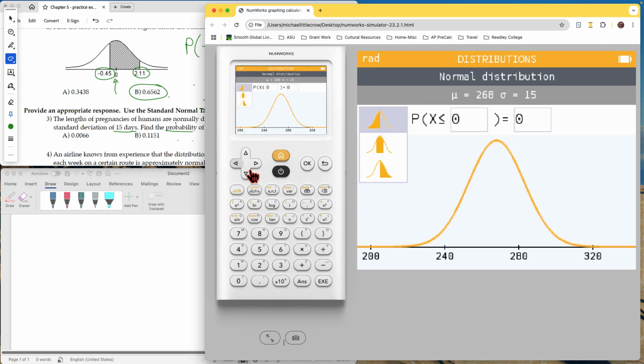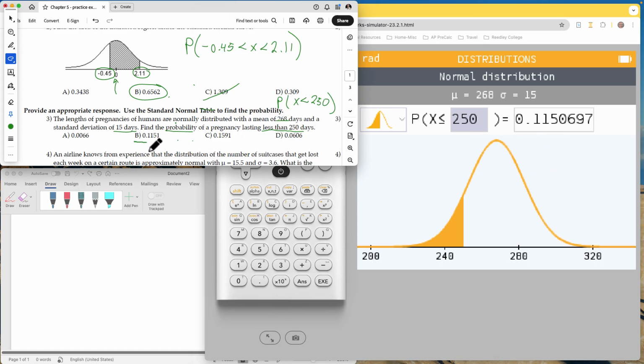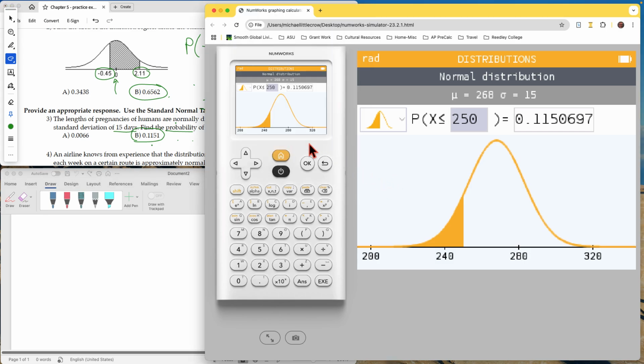We put in 250 and get 0.1151 rounded. So that's option B, with the mean of 268 days. Now, if you had chosen the wrong one, let's see if that even matches.